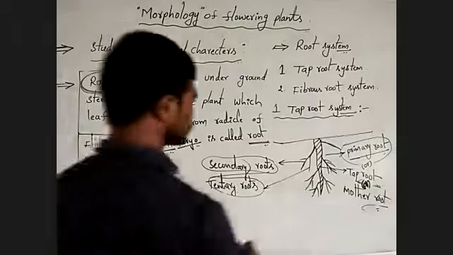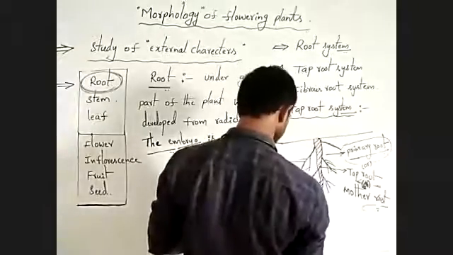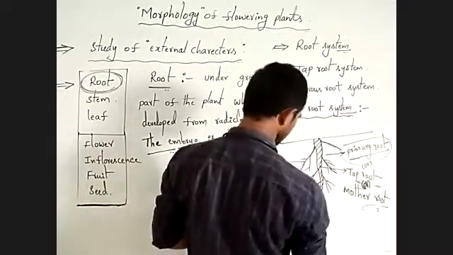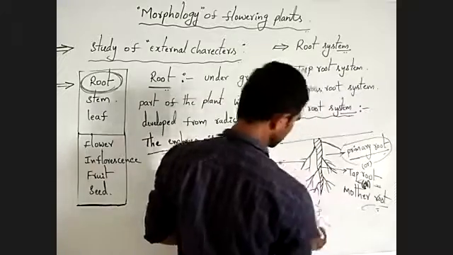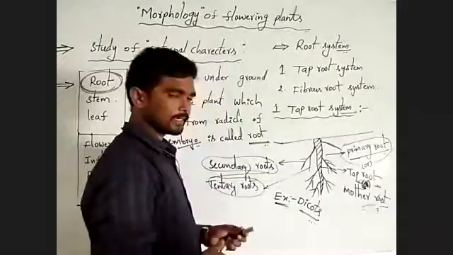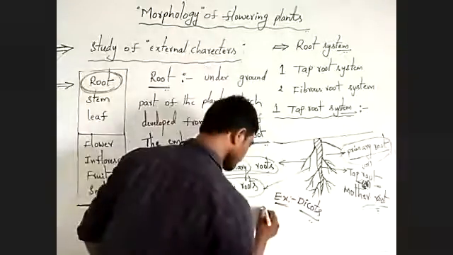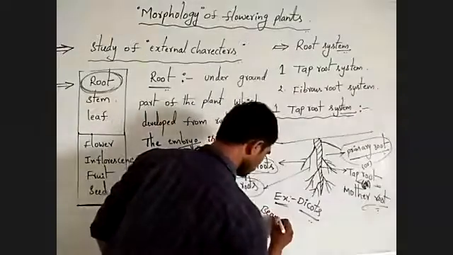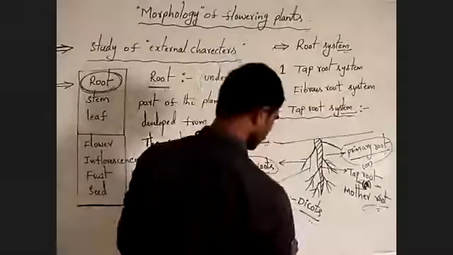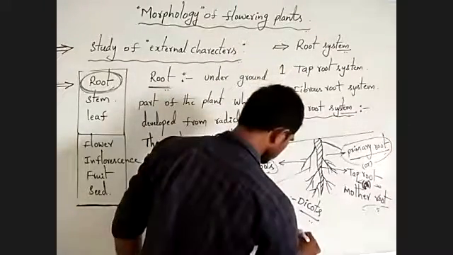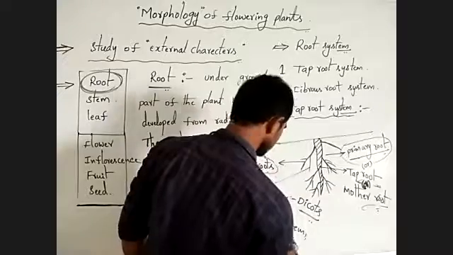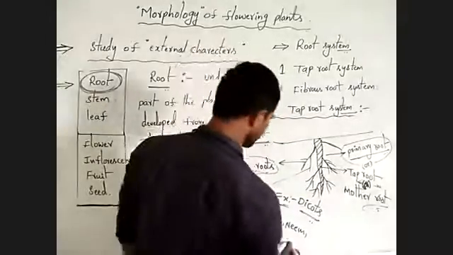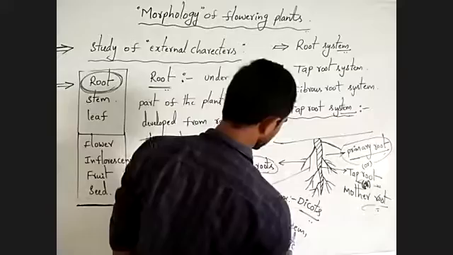Okay, what are the examples for the tap root system? Already we discussed it. Dicots. Dicot means bean, neem plant, mango, like this, different types of plants.